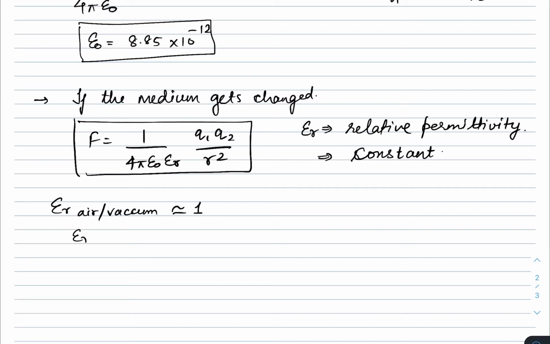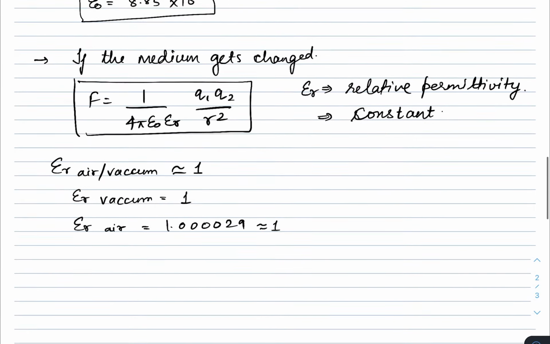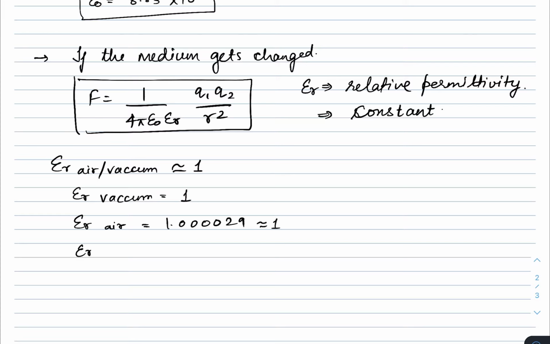Epsilon r for air is approximately 1.0006, which is approximately 1. That's why I have taken air and vacuum to be 1. Epsilon r for mica is 7, for water is 81, and epsilon r for metal will be infinite.